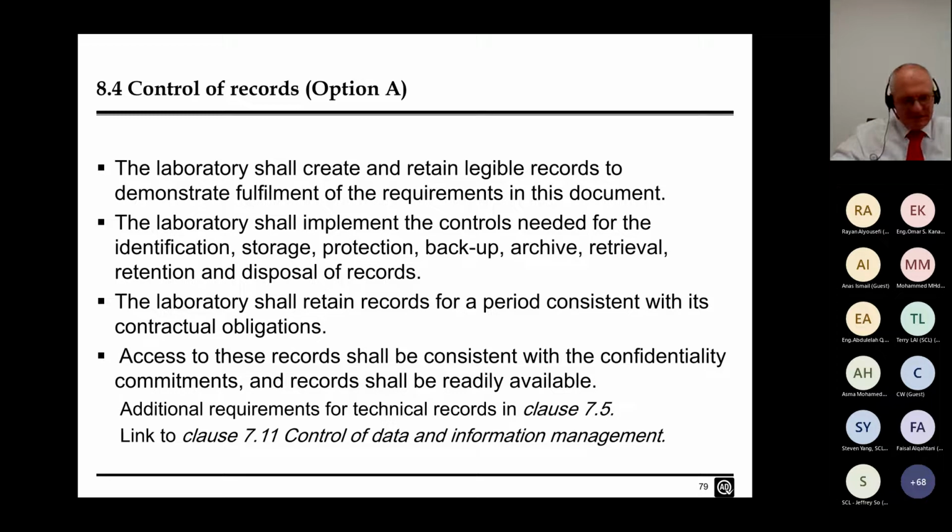They're included in these records, but they have those additional requirements. And in 7.11, we talked about control of data and information management, which again is related to control of records, but that was more about the technical requirements on the storage and the retention rather than just the records themselves.